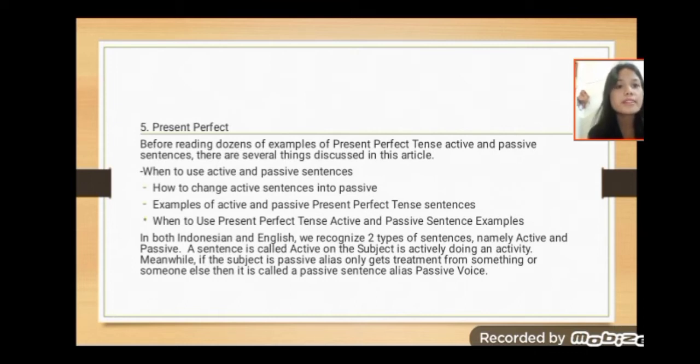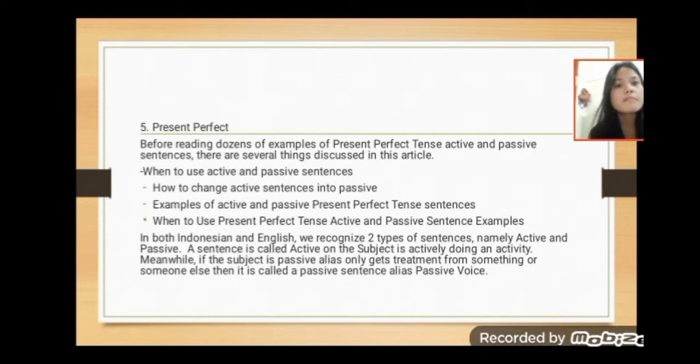In Indonesian and English, we recognize 2 types of sentence, namely active and passive. A sentence is called active when the subject is actively doing an activity.